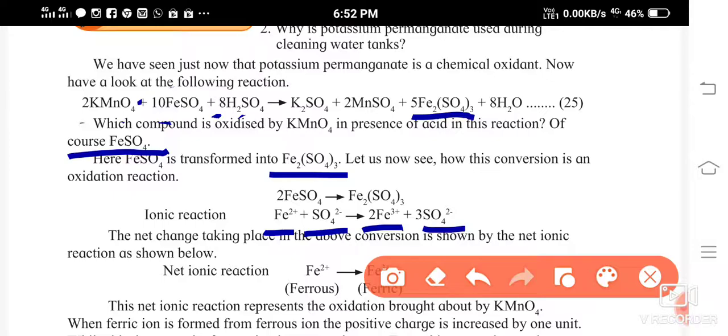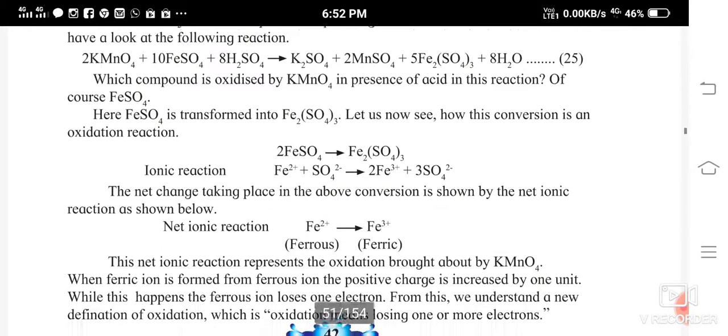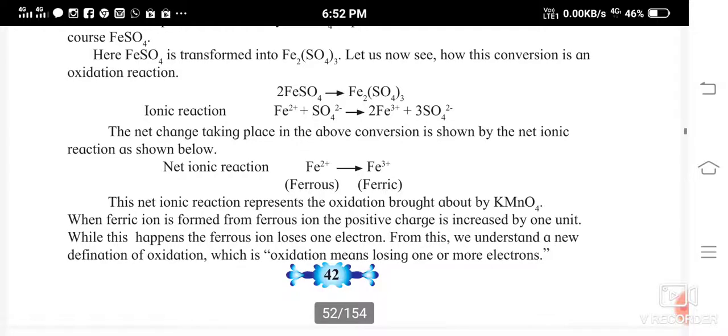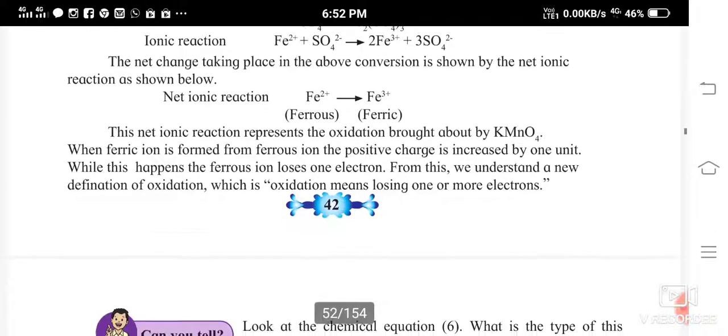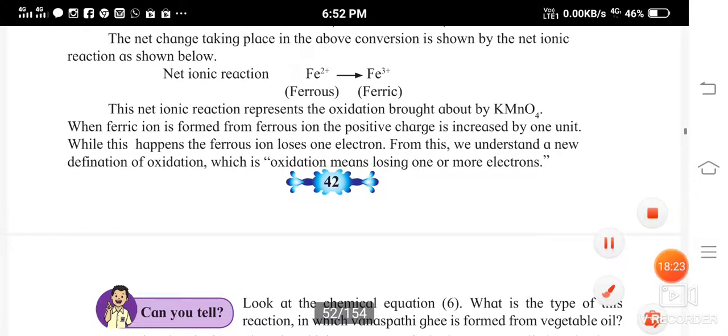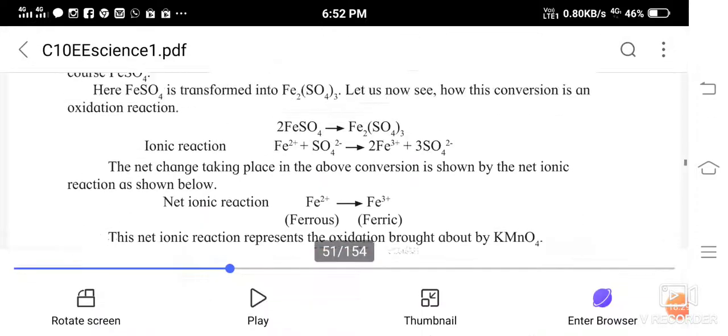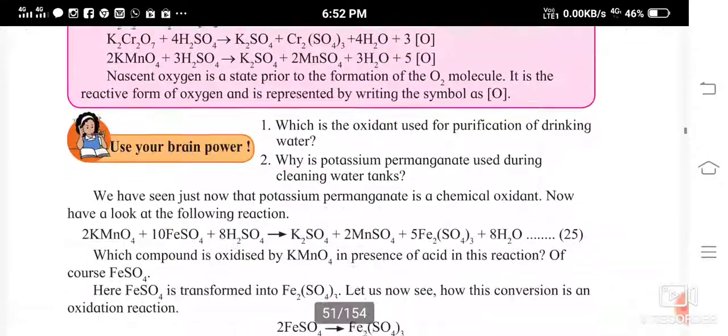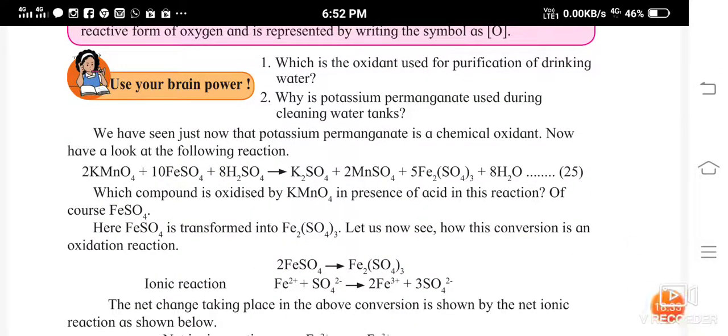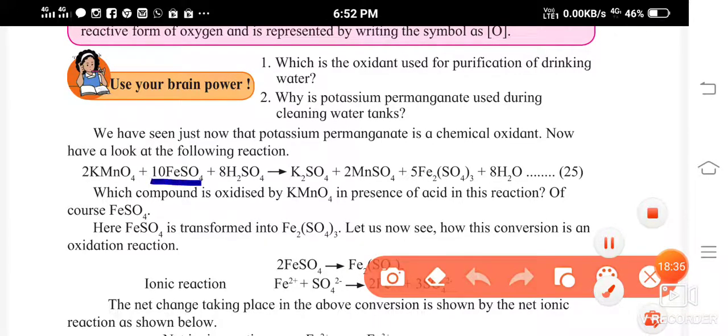So the net change that takes place in the above conversion is shown by the net ionic reaction. So what is the ionic reaction? Fe2+ became Fe3+, right? So this ferrous sulfate was converted into ferric sulfate.